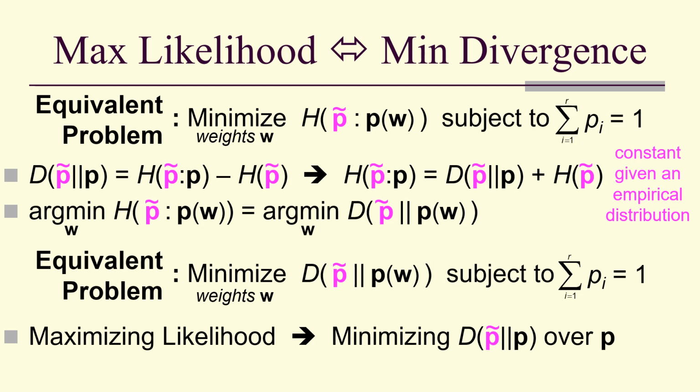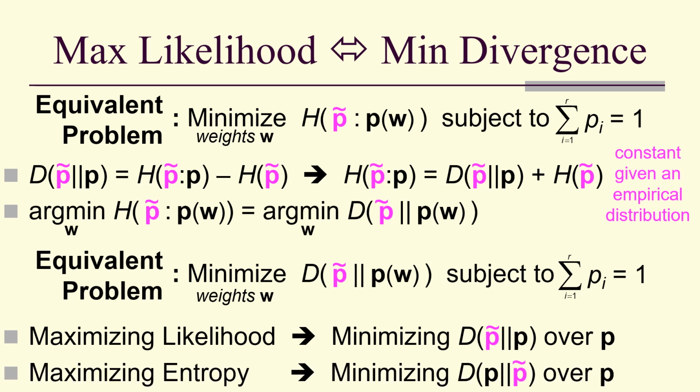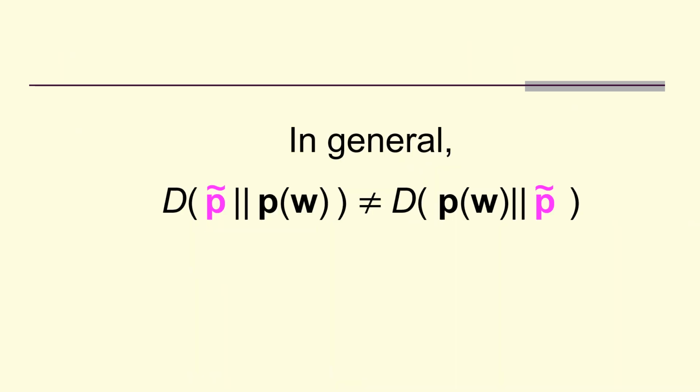In other words, maximizing likelihood is the same as minimizing KL divergence over the second argument, but maximizing entropy is the same as minimizing KL divergence over the first argument. Now, KL divergence of p tilde with respect to p is not the same in general as the KL divergence of p with respect to p tilde.